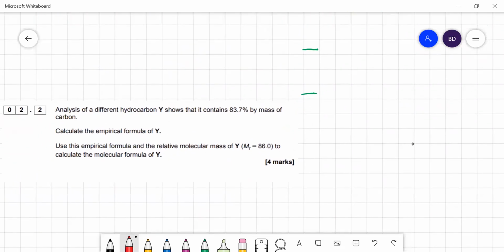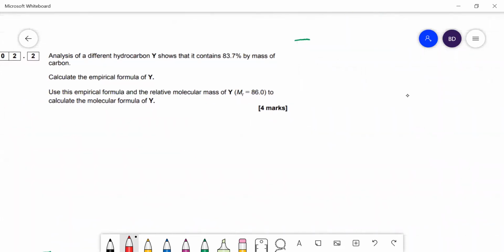Okay, right. Analysis of a different hydrocarbon Y shows it contains 83.7% by mass of carbon. Calculate its empirical formula. Well, if it's a hydrocarbon, it's only got carbon and hydrogen in it. So in 100 grams, we would have 83.7 grams of carbon, and 100 minus that, which is 16.3 grams of hydrogen. We need to convert that into moles, which is mass over atomic mass, AR.